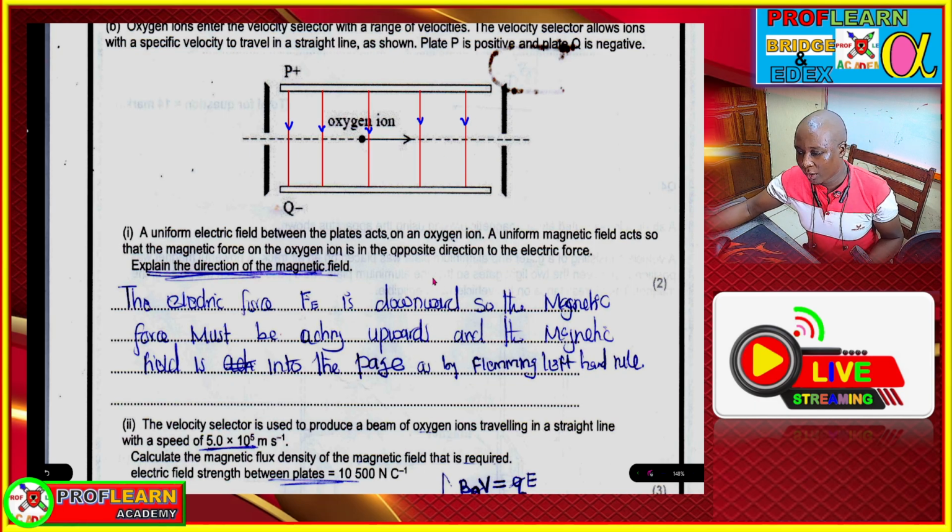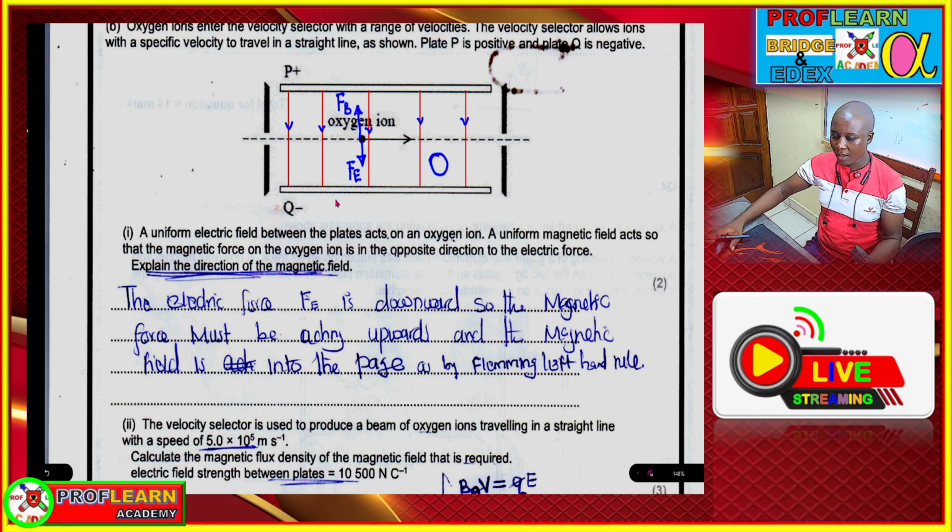So also we are having a magnetic field. So a magnetic field was introduced. We don't know the direction of this magnetic field, but what we know is that the magnetic force will be acting in the opposite direction to the electric force. So this charged particle will experience a downward electric force, but the magnetic force will be acting upward.